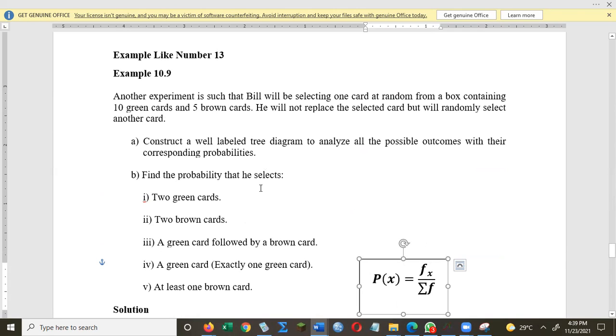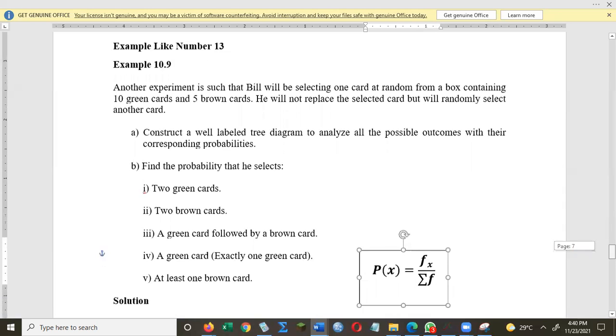I repeat, here we are not given the 0 point. We are given the quantity, frequency of green, frequency of brown, 10 and 5. So there are 10 out of the 15.